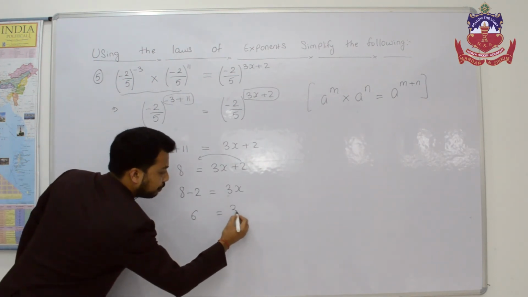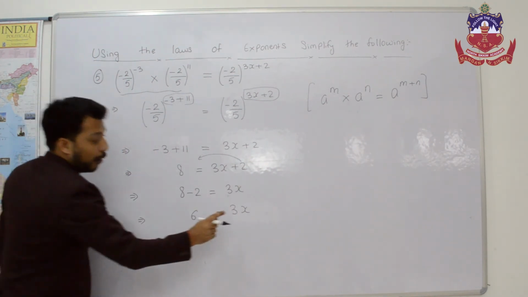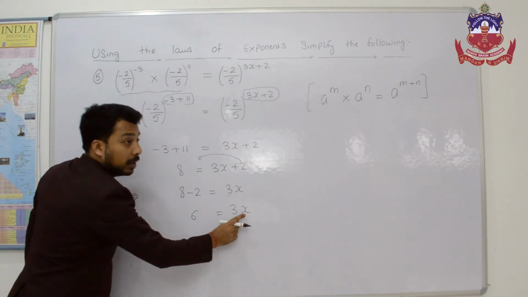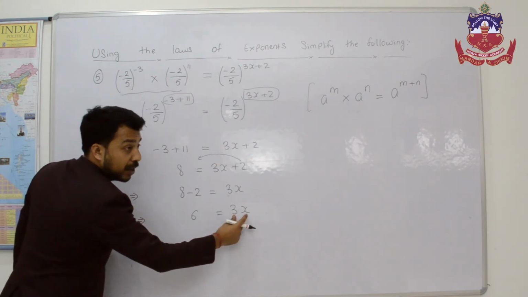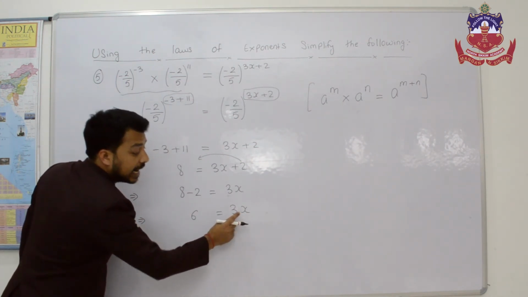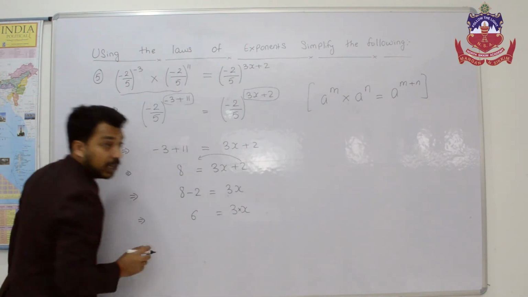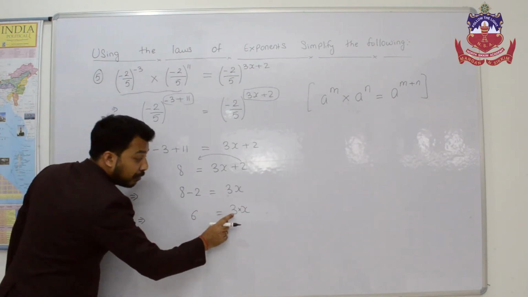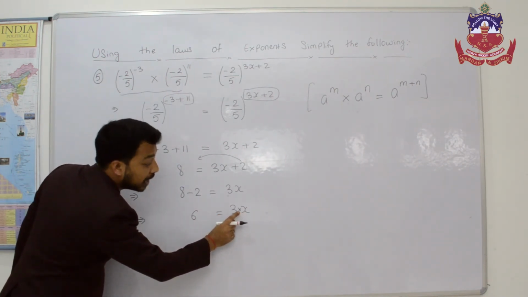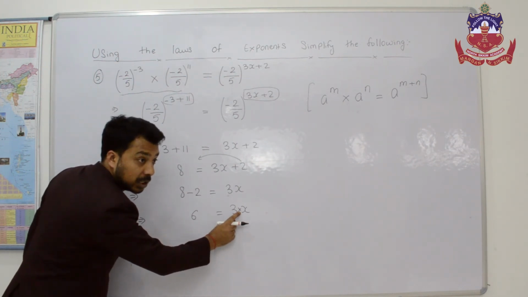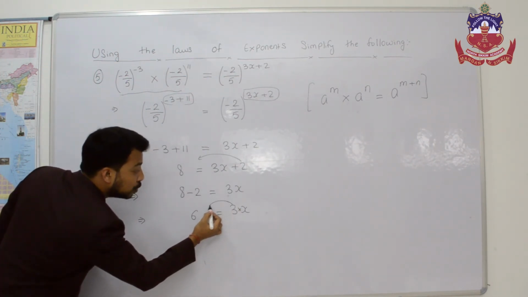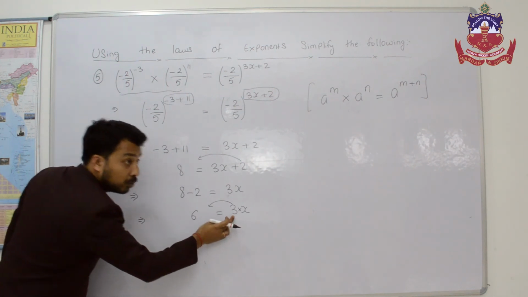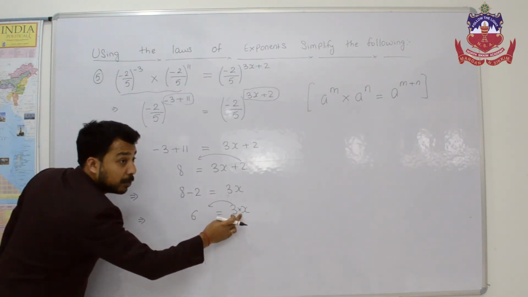6 is equal to 3x. Now in between two numbers, or a number and a variable, if there is no sign, the sign can be considered as multiplication. So in between 3 and x we do not have a sign, so we consider it as multiplication. When we send this 3 to the other side, multiply will change into divide.